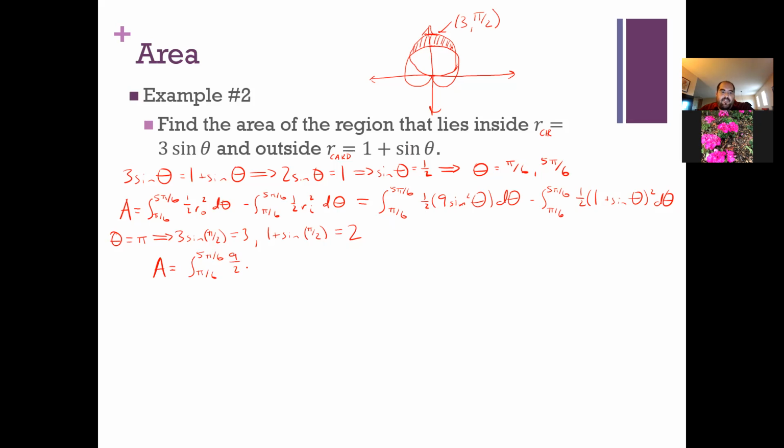I have 9/2 sine squared theta minus 1/2, and now I'll square this: 1 plus 2 sine theta plus sine squared theta, all of this d theta.